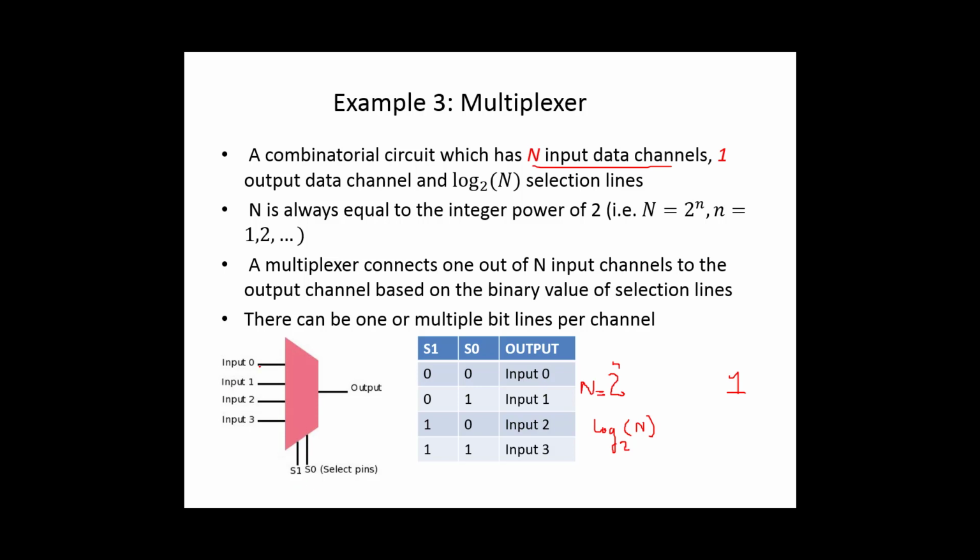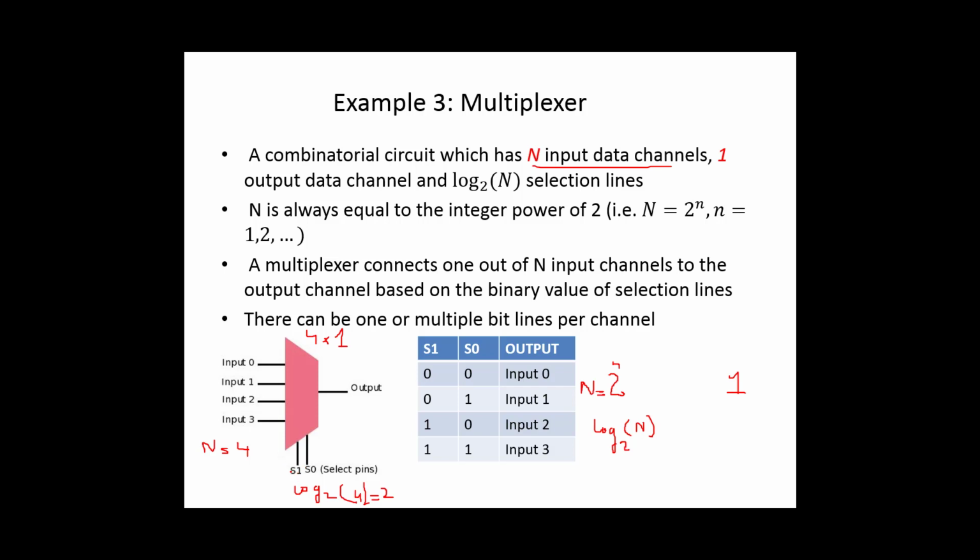For example, here we have a 4 cross 1 multiplexer which has 4 input channels. So capital N is equal to 4, and the number of select lines is log 2 of 4, which is equal to 2. So we have two select lines denoted as S0 and S1, and we have one output.